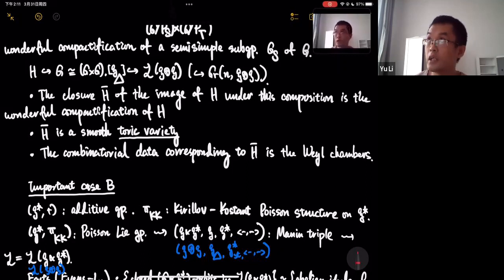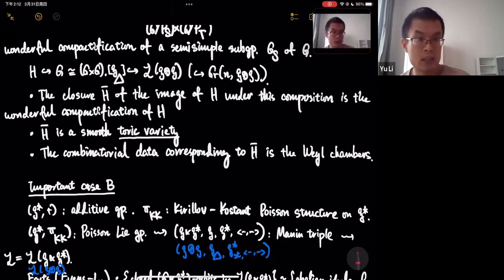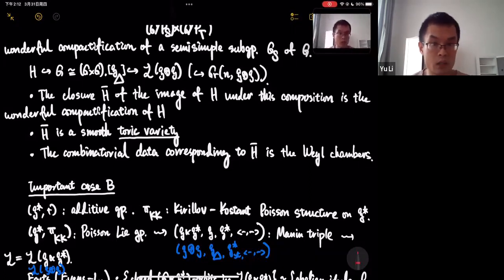We know that each toric variety corresponds to a set of combinatorial data, which is called a fan: a finite collection of cones such that the face of each cone is a cone and the intersection of two cones is also a cone. And we know that the combinatorial data corresponding to this H bar is the Weyl chambers, by which I mean the maximal cones of the fan are the Weyl chambers.